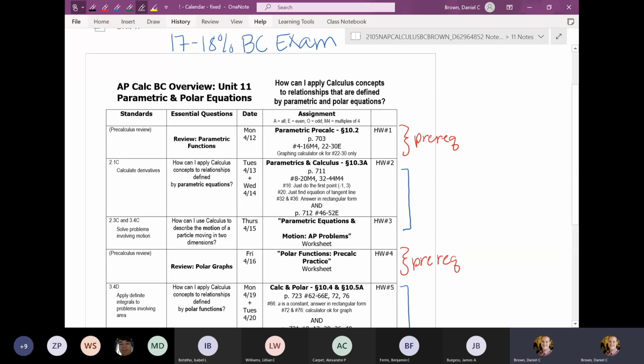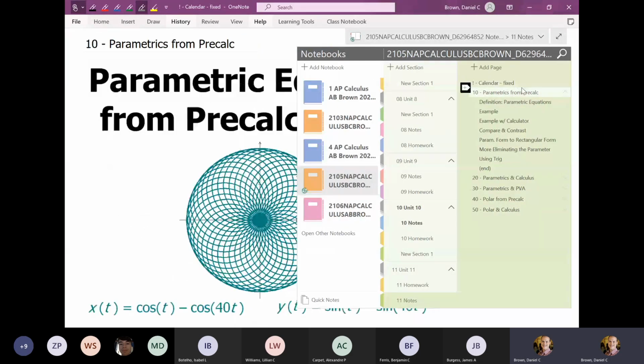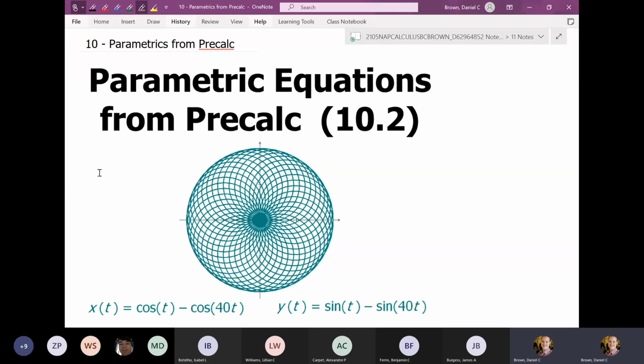So what I wanted to focus on today is going to be the parametric stuff. And I just want to focus on the stuff that we did last year. Some of these problems I actually just stole from the notes we did last year. The things that we mainly want to do when we're talking about parametric equations, like a general understanding of them, we want to be able to graph them both by hand and with the calculator, but also be able to reason our way through what the graphs could look like without having to graph them.